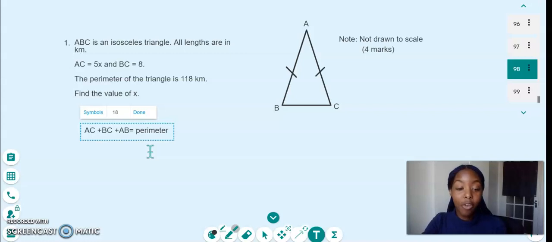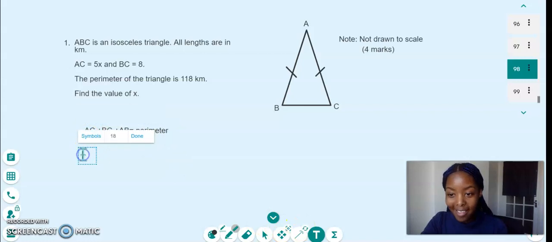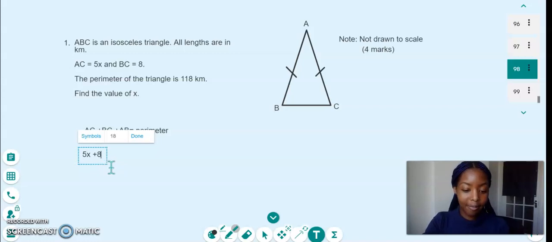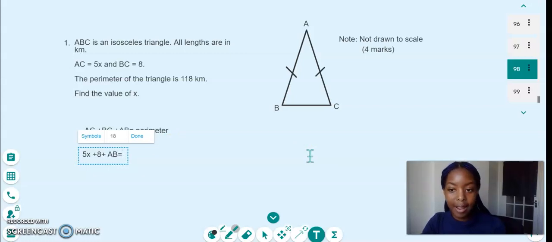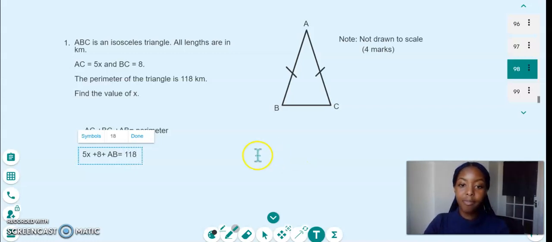We know some of the information in this line already. We know what AC is because they gave it to us, so AC is 5x. And BC is 8. We're still not quite sure on AB, but we can get to that later. And we know that the perimeter is 118 kilometers.